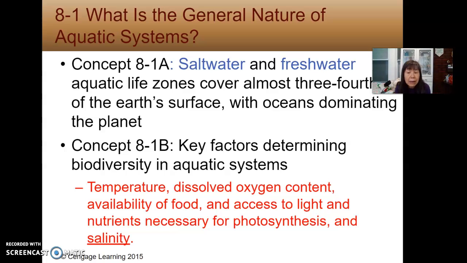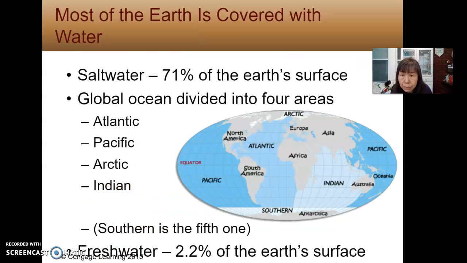And lastly, it depends on salinity. I underline this word. This means how much salt is in the water, because sometimes this factor is ignored by us, salinity.